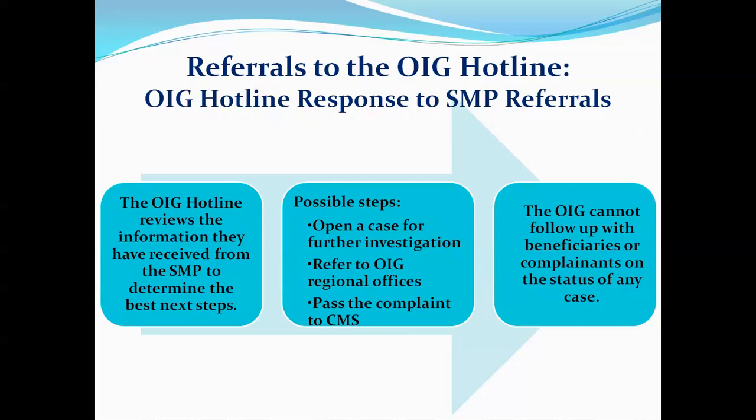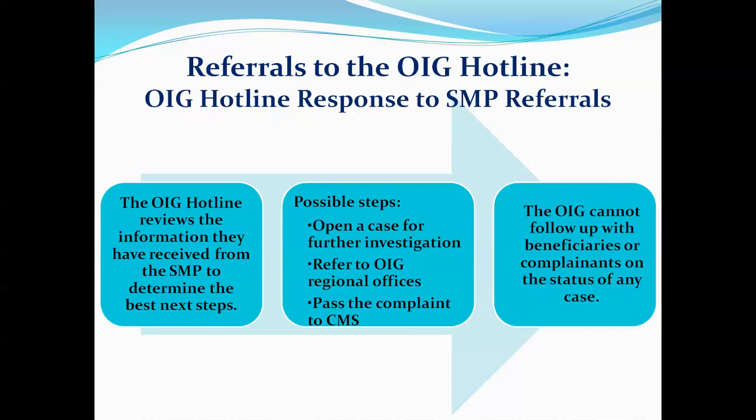And the bad thing that I don't like about this situation is that the OIG cannot follow up with beneficiaries or complainants on the status of any case. So they cannot tell us if they've opened an investigation or what's happening during that investigation.